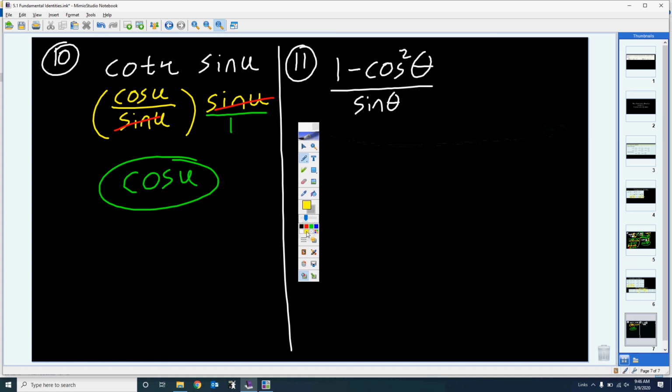For instance, we saw that the Pythagorean identity was sine squared theta plus cosine squared theta equals 1. Well, I can move terms over, just like following my algebra rules, so I could subtract cosine squared theta from both sides.